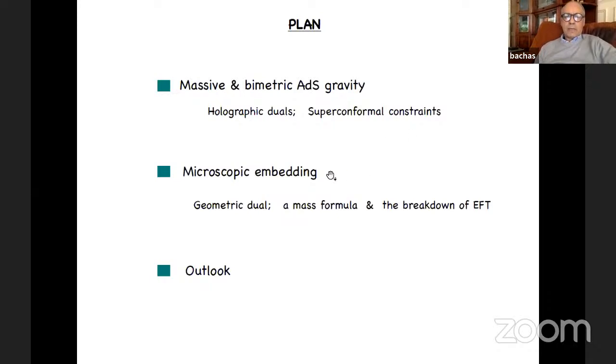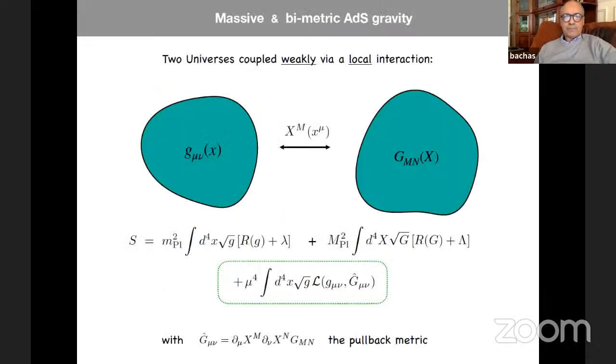Then I will go to the microscopic embedding of the simplest, maybe, models that we have, the dual geometries, and the main technical result, as you will see, will be a mass formula for the graviton and the related breakdown of effective field theory. Then I will finish with some comments.